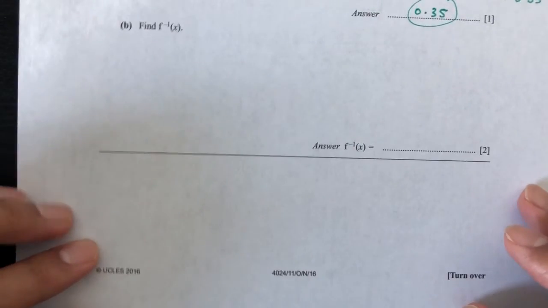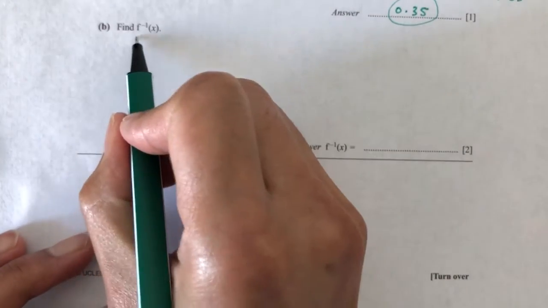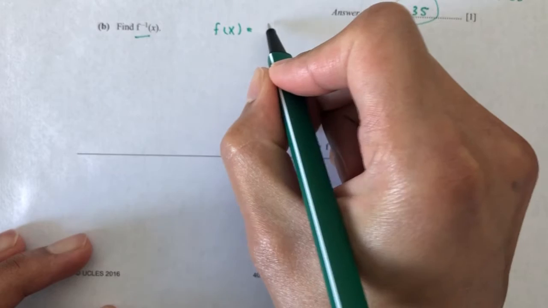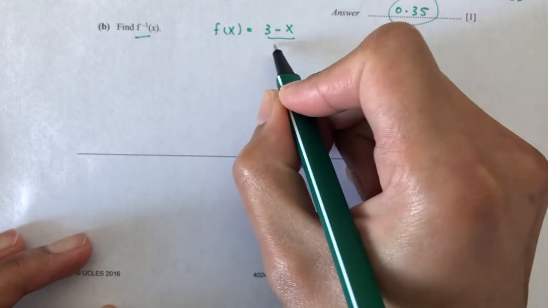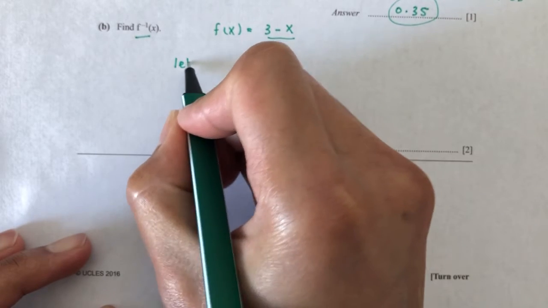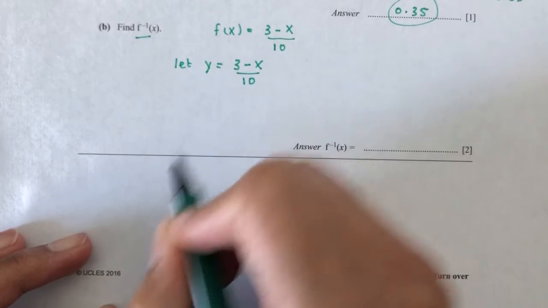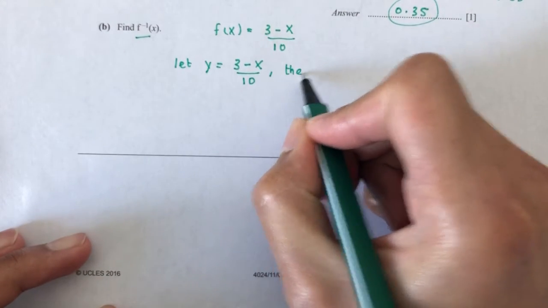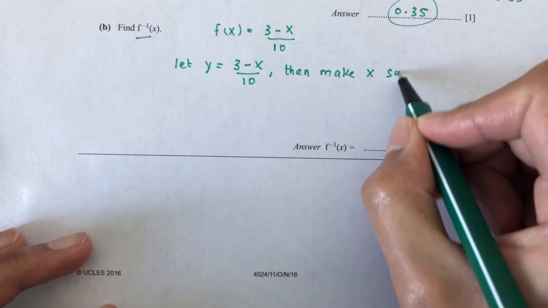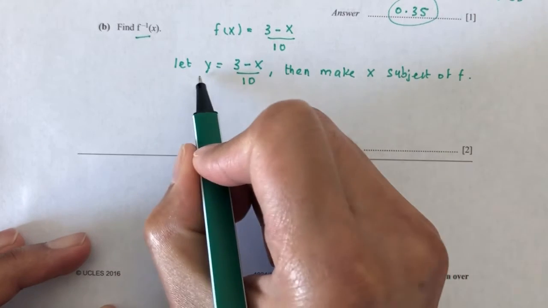Okay, now moving on to part B, we have find the inverse of function f of x. So we know that f of x is equal to 3 minus x over 10. So to find the inverse, we have to let y equal to 3 minus x over 10. That's the first step. And then we have to make x the subject of the formula. Okay, so we can cross multiply.